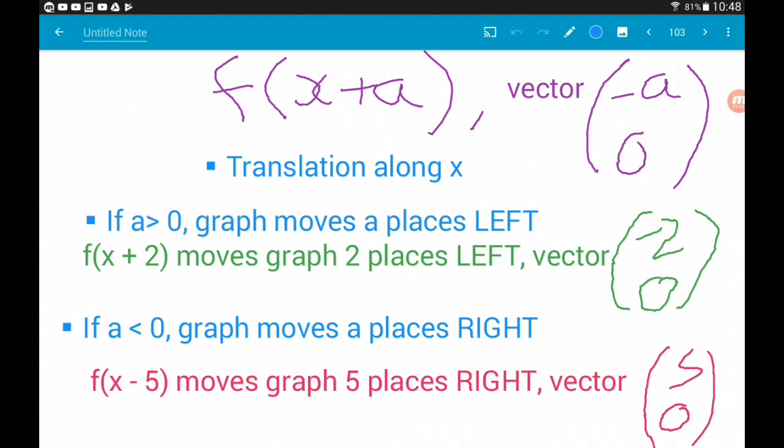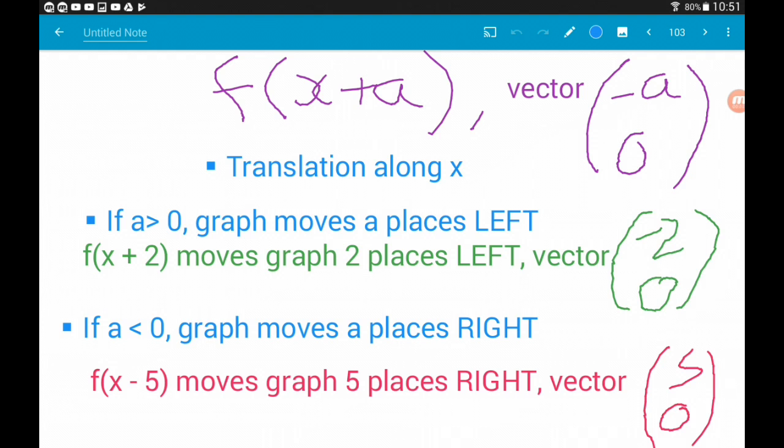Let's go through it. When a is greater than 0, this translates the graph a places to the left. For example, f of x plus 2 moves the graph 2 places to the left. Vector (-2, 0).